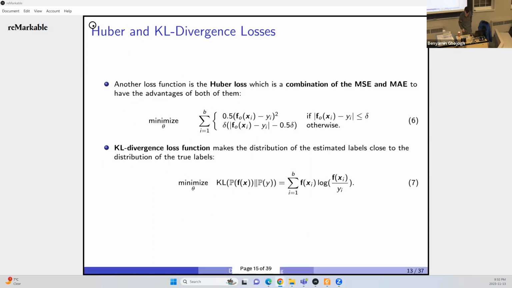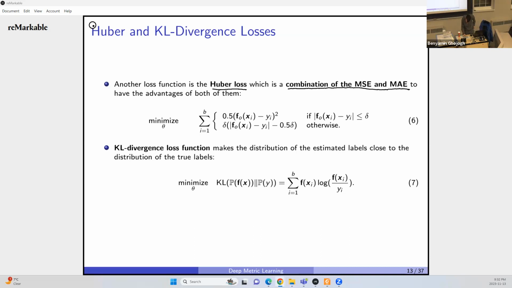Huber and KL divergence. So Huber loss is a combination of mean squared error and mean absolute error loss function. Do you remember mean squared error, L2, has issues with outliers? Mean absolute error has issues with being non-smooth. Huber says let's have the best of two worlds.